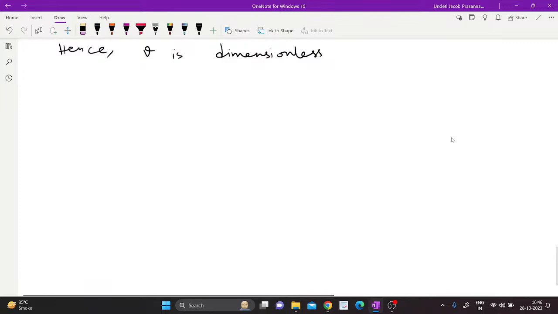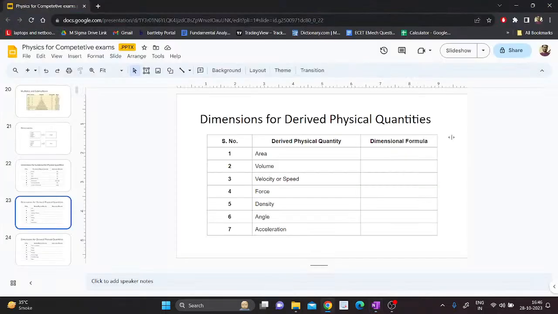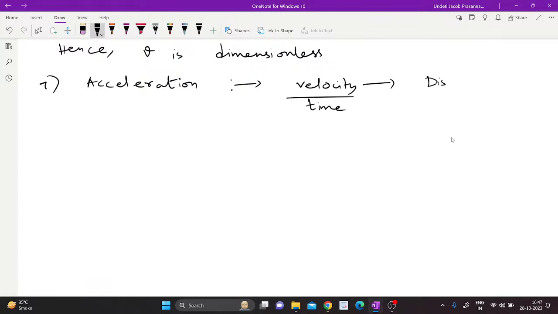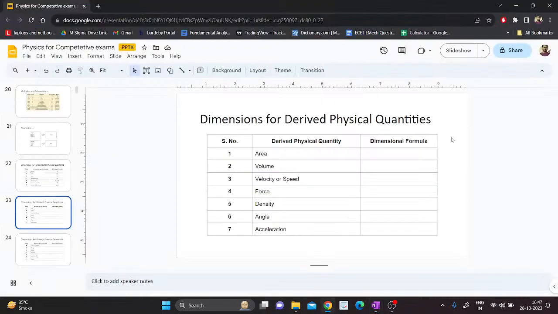Okay, fine. Similarly, let's go with the next one here. Acceleration, which we have already discussed. I'll write down again so that you can write down your notes. So the acceleration comes out to be L t power of minus 2.